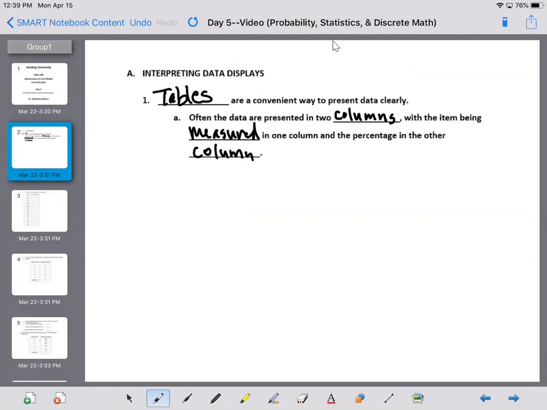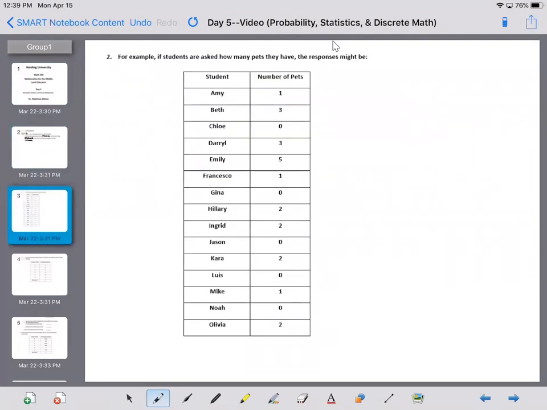For example, we might have surveyed students and they tell us the number of pets that they own. This is a good way to organize the data. It shows every person.